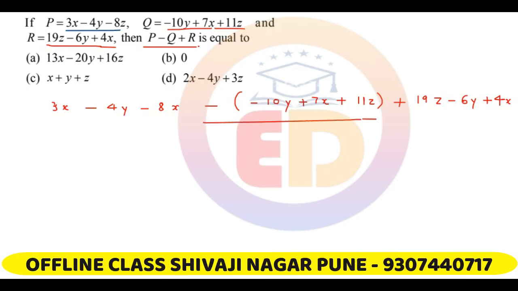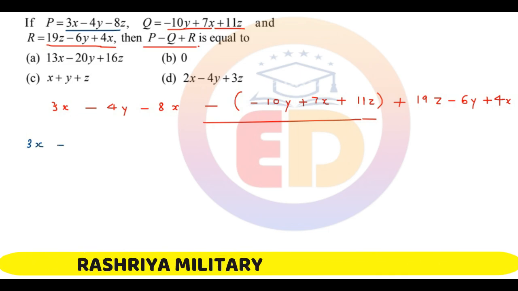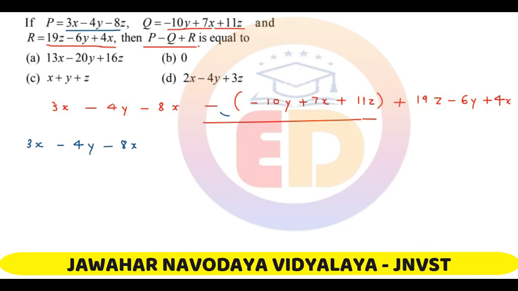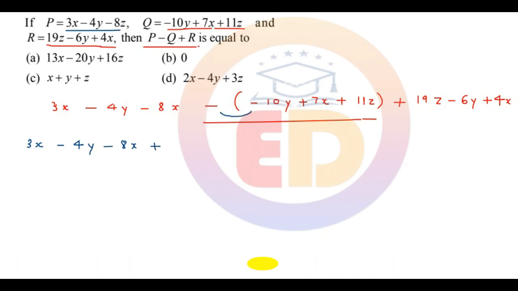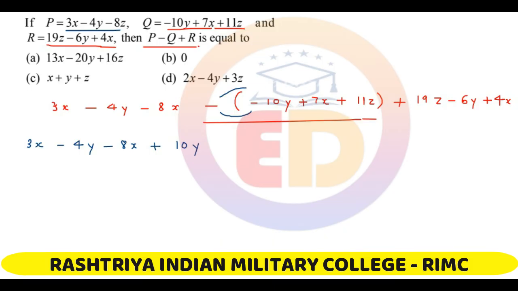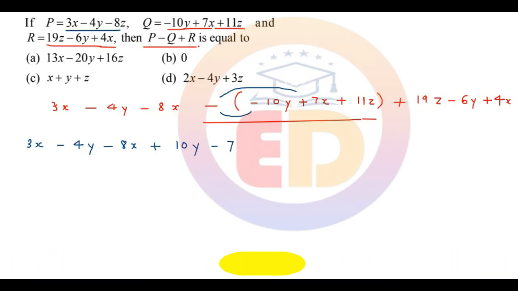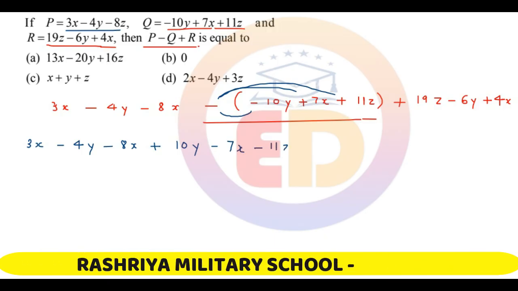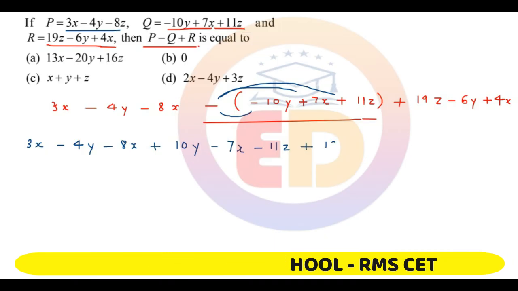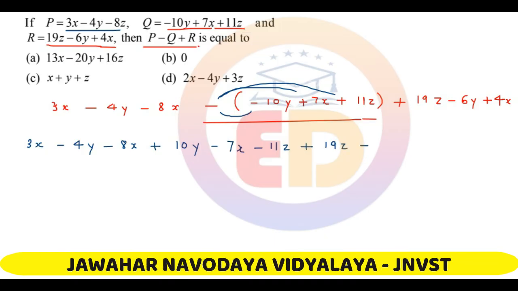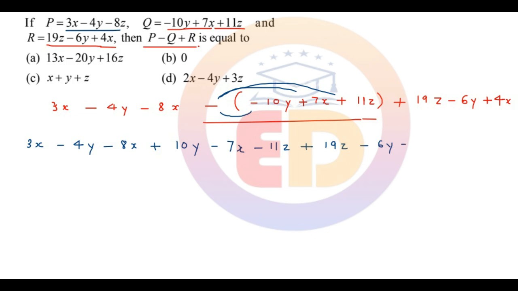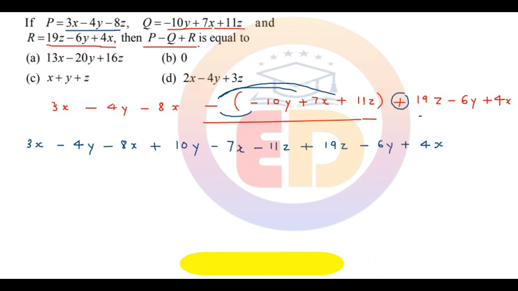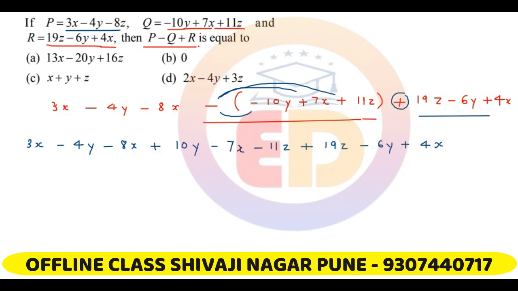It will become 3x minus 4y minus 8z, minus minus, this is plus 10y, minus plus is minus 7x, minus plus, this is minus 11z, plus 19z minus 6y plus 4x. Now here remember, there is a plus sign, so here no change of sign will occur. It will occur only in case of subtraction.